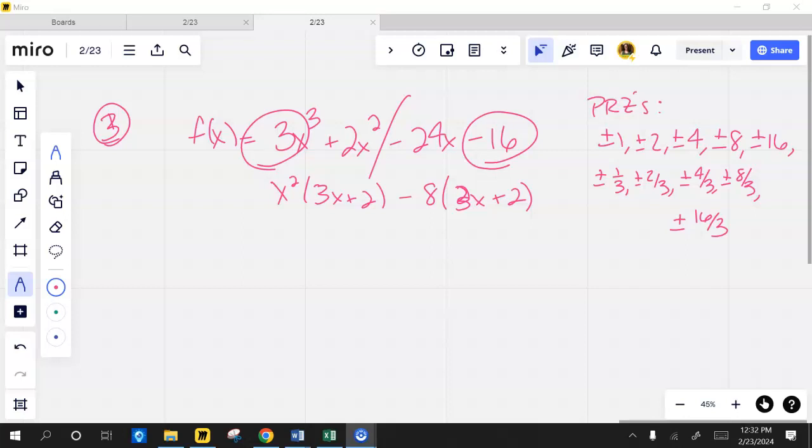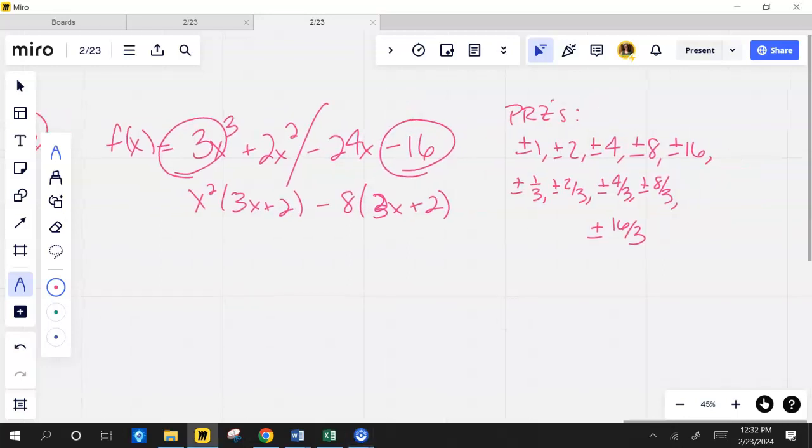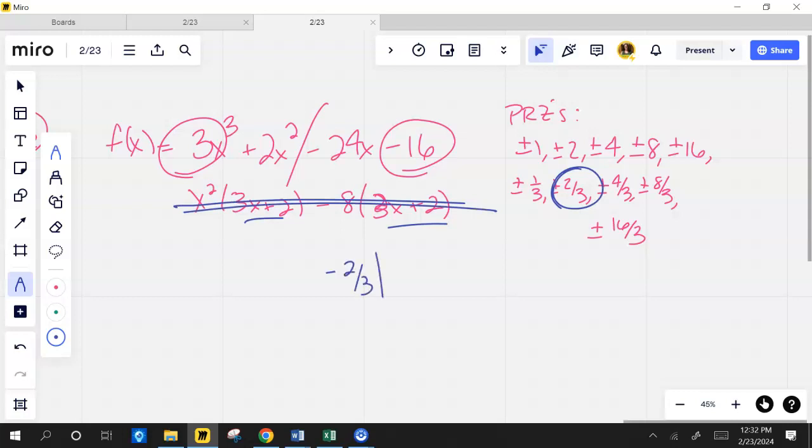But let's say I couldn't factor this. Let's say I looked at this and I didn't think that I could slash it, right? So let's say I tried, because I know algebraically that negative 2/3 is one of the zeros. Agreed? Well, I'm looking at this. Let's say I didn't have this, and I was going through this list of values, and I get to negative 2/3. It's okay.